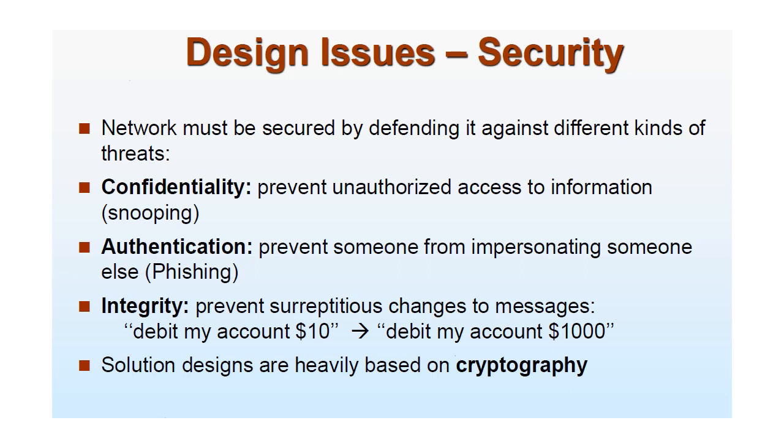Authentication prevents someone from impersonating someone else. See, when you are sending the bank data, how are they securing it? They are asking you for a one time password and they are asking you for the password, like that. There are many categories. Through all those things also, people could steal the data.